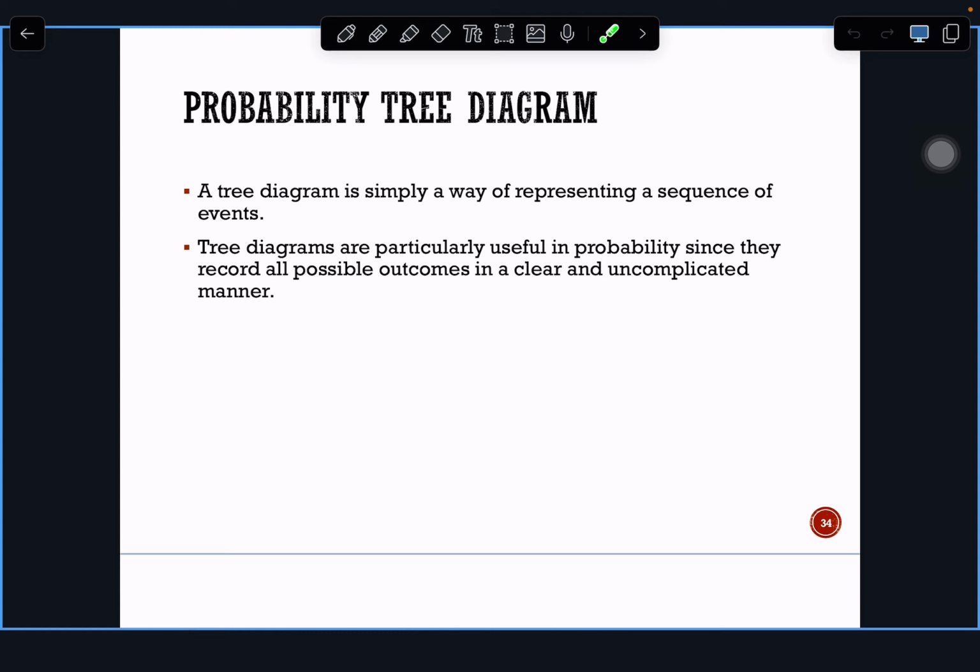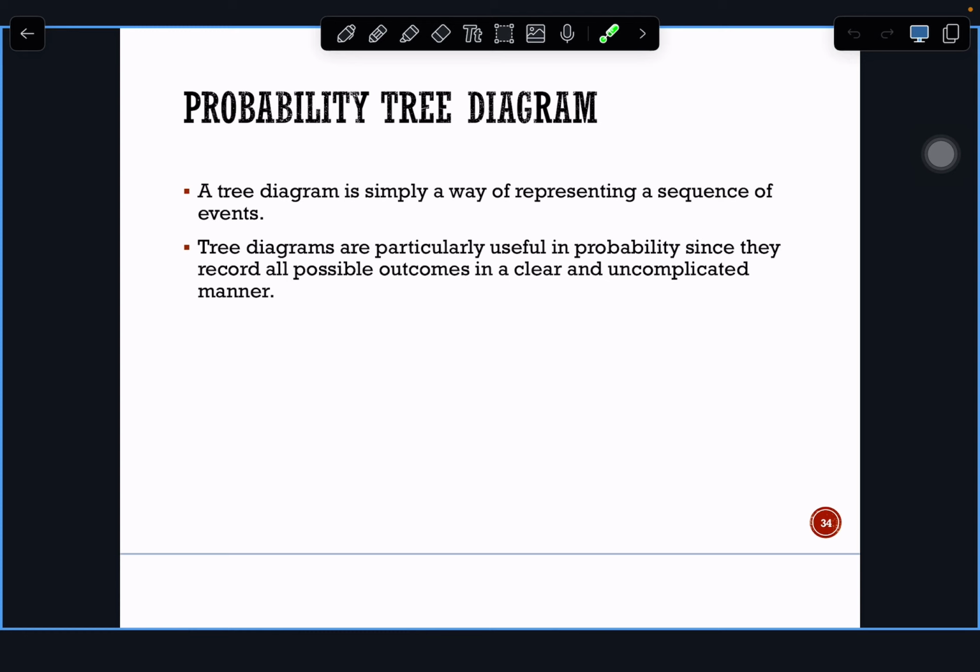Why do we need a tree diagram? Because from a tree diagram, we can get so much information, right? Obviously you can get the probability, and second, the total of the probability equals 1, correct?